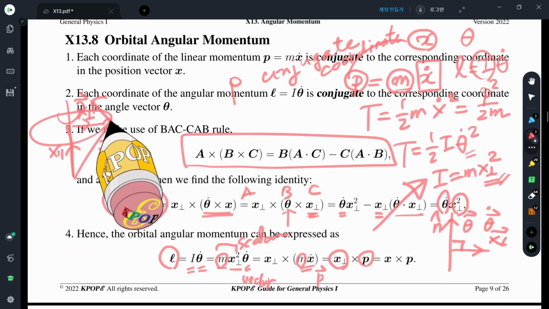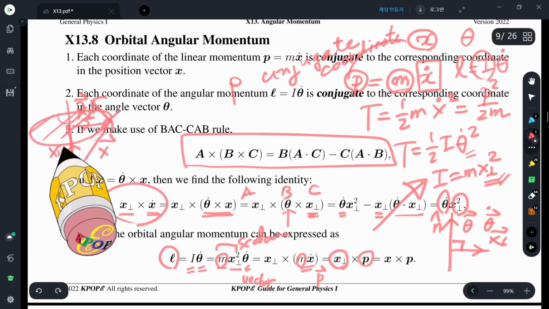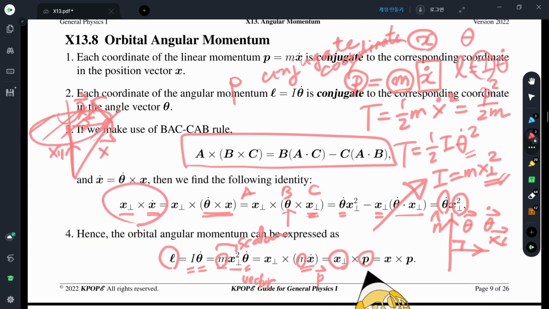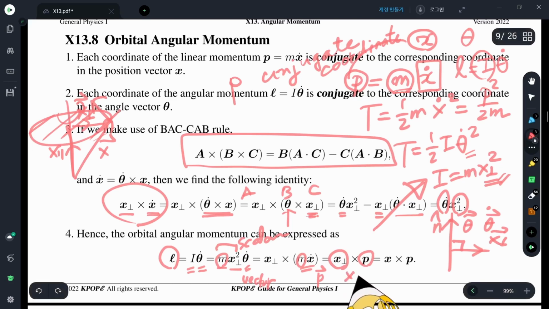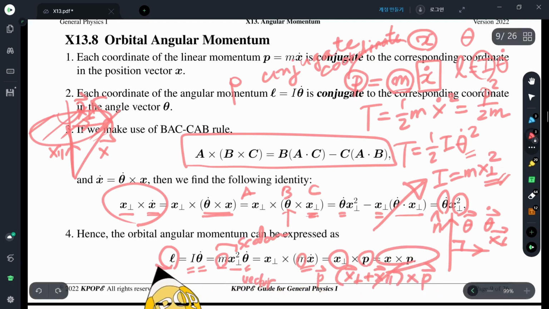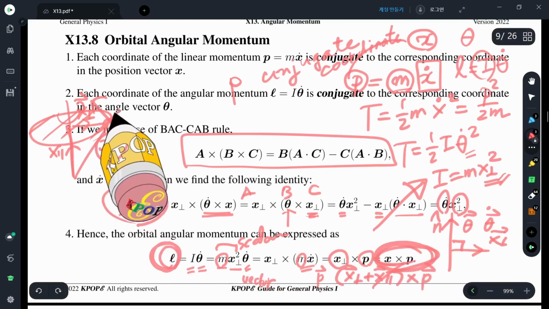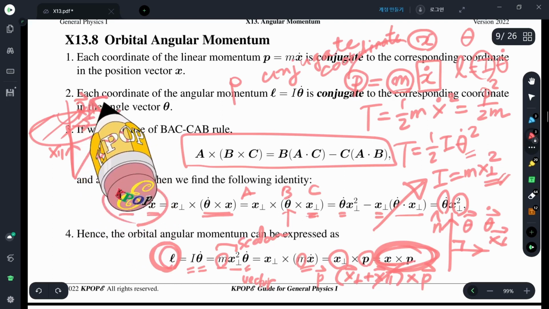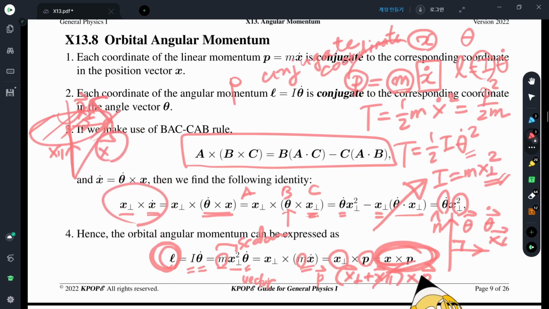That is always perpendicular to this plane, x parallel. Therefore, I can substitute x perp plus x parallel, and still this one does not contribute. So we can safely replace this orbital angular momentum in terms of a cross product of x and linear momentum. This is another definition of the orbital angular momentum.